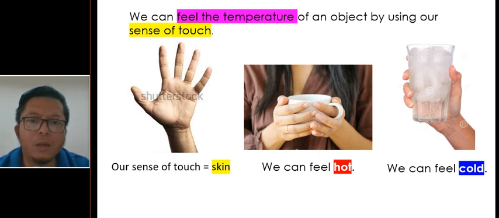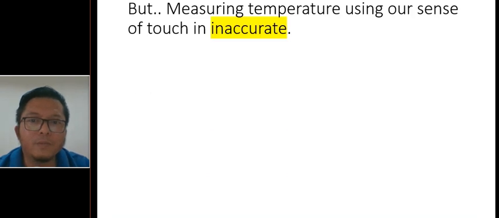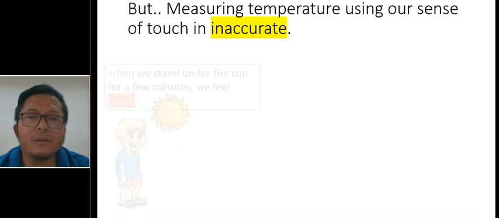With your skin we can feel hot and we can feel cold. But measuring temperature using our sense of touch is inaccurate. Yes, we can feel hot and we can feel cold, but not that accurate.